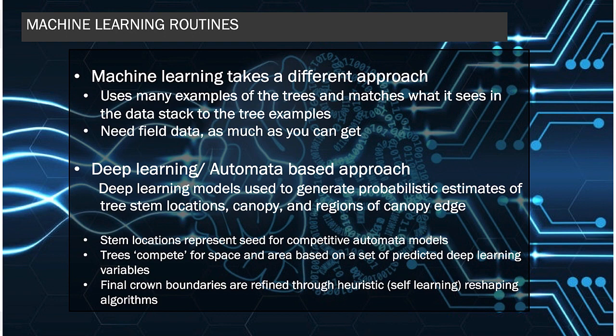Machine learning, and you've probably been hearing about this in a lot of other disciplines, takes as many examples of reality and then runs it through a system that optimizes it so it's predicting what it sees. To do that, we need as much field data as we can get. We often need more field data than we would under normal circumstances, but it then becomes a self-learning system that you can feed more and more information, and it can give you better and better answers.